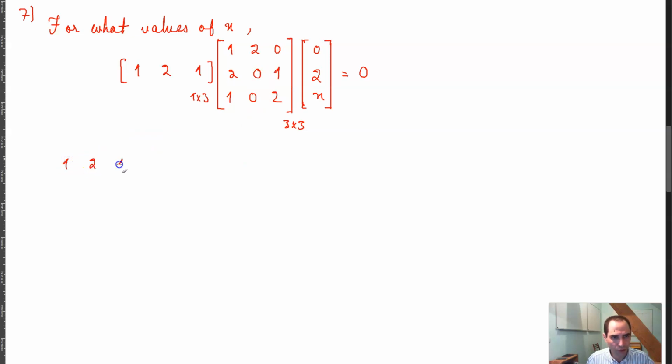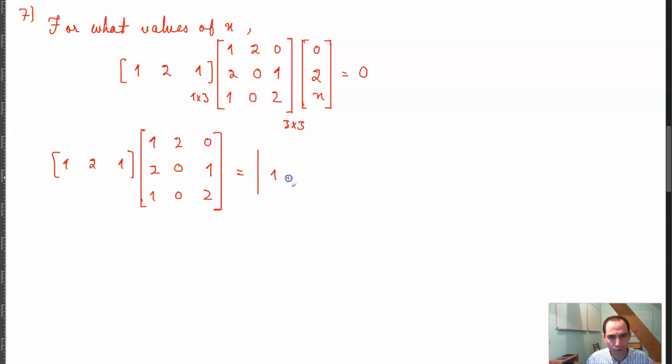So 1 2 1 times this matrix, which is 1 2 0, 2 0 1, 1 0 2, is equal to a 1 by 3 matrix. So I have to multiply these values by this column.